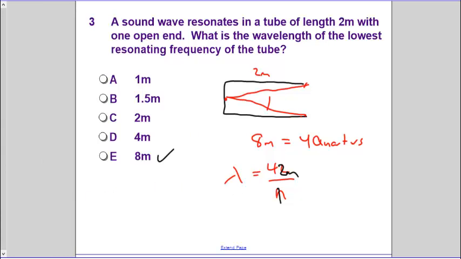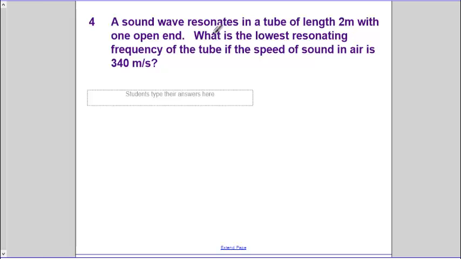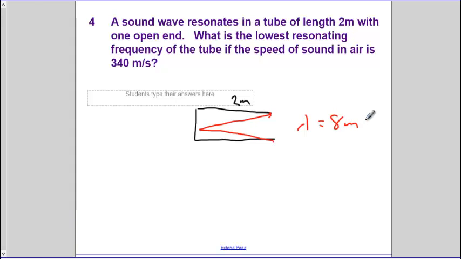Let's move on. A sound wave resonates in that previous tube. I'll draw it again. Again, that's 2 meters, and that waveform will look like this. And that wavelength will be 8 meters. What is the frequency that this will sing at? That can be calculated using the wave equation. That was a mistake.